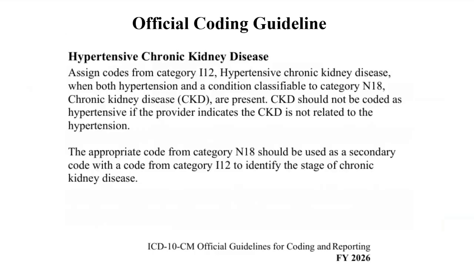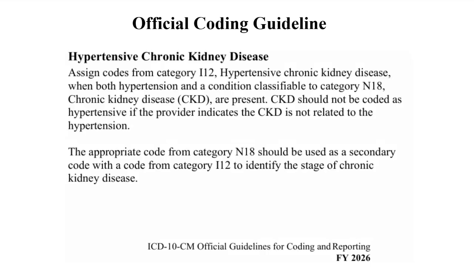In the documentation, the patient had the hypertension. The provider also documented the CKD. So both of those conditions were present in that encounter based on that documentation. And the CKD was not linked to any other condition, right? So we can use the causal relationship that is a guideline between those conditions. So therefore we can use the combination code, okay?